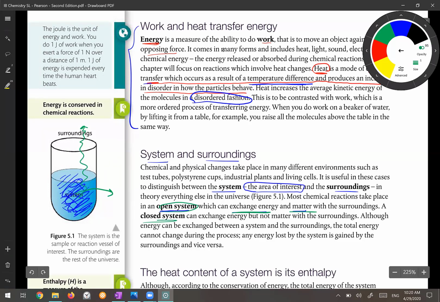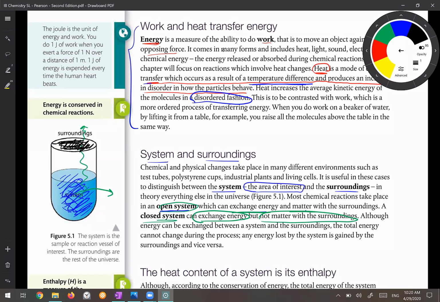In a closed system, they can exchange energy, but matter cannot be exchanged with the surrounding. So for example, if I put the lid here, I don't let the carbon dioxide escape from the system.